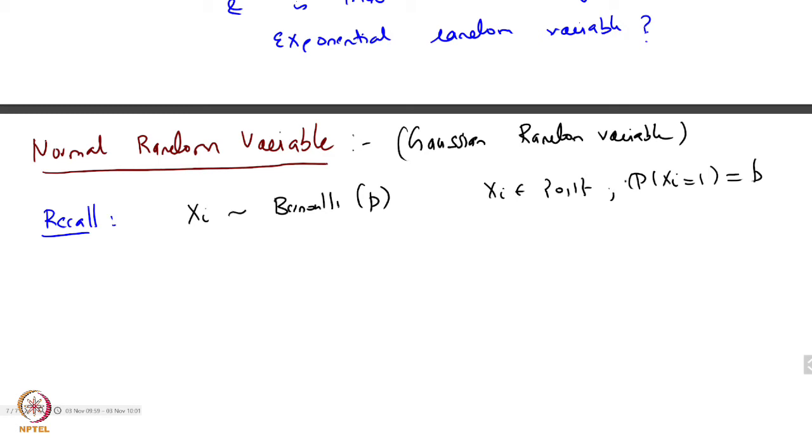I took them independent, so IID. Then we also know from long time back that if Sn was the sum from i equal to 1 to n of xi, then Sn was a binomial.